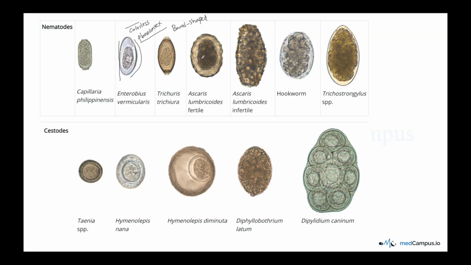It is a barrel shaped egg with a polar plug, which is a yellowish brown polar plug. So barrel shaped egg with a polar plug is characteristic of Trichuris trichiura. Very important one. These polar plugs are the distinctive feature of Trichuris trichiura.